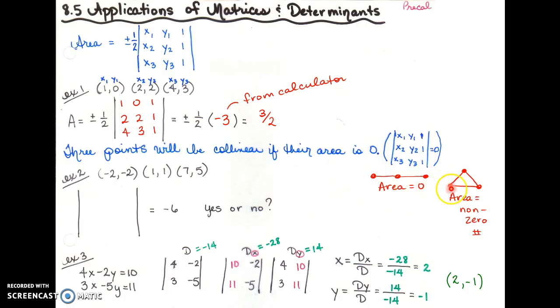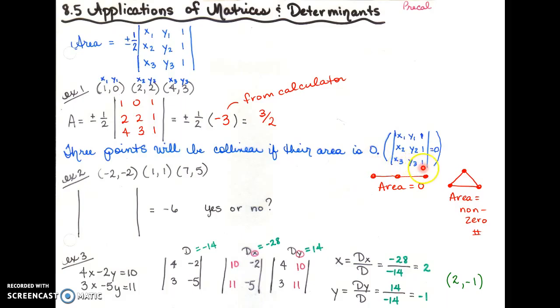If they're not in a straight line, even if they're just slightly off, like these two are collinear, but this one's not, then you're going to encompass some area. So let's take that same area formula we had just a second ago and apply it here. Because we could say these 3 points are going to be collinear if their area is 0. If their area is not 0, then they're not collinear.